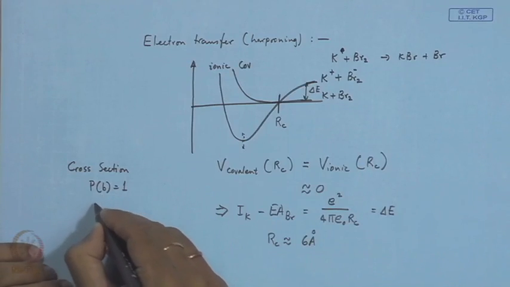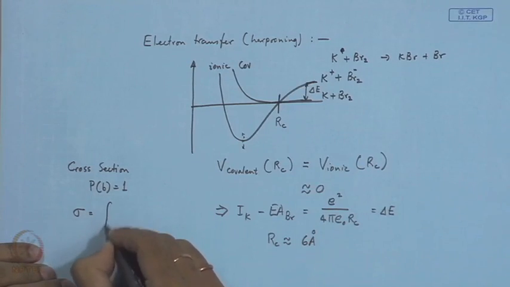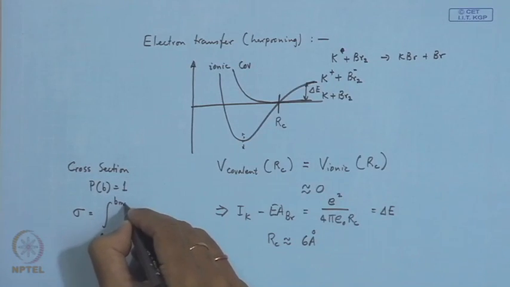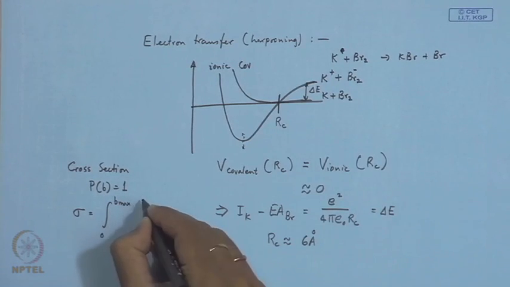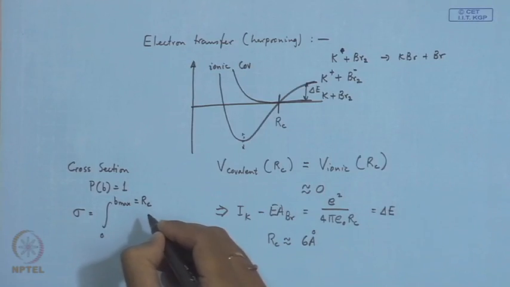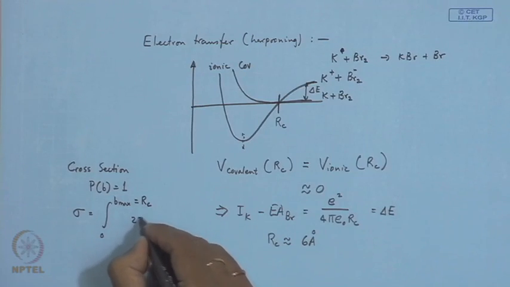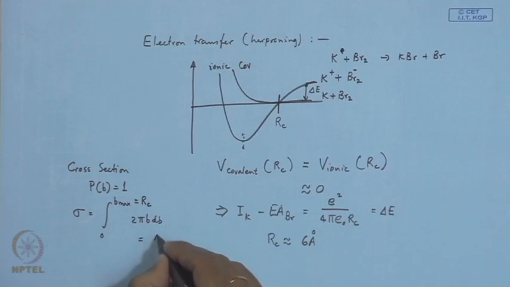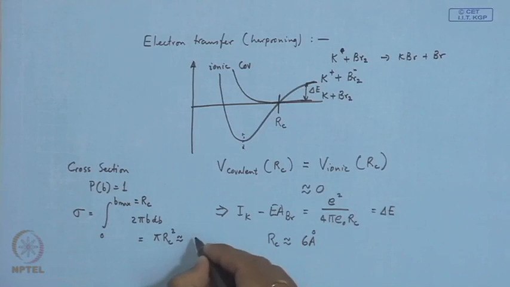So, your sigma is equal to the integration from 0 to B max, which is equal to RC, the impact parameter RC, of twice pi B dB, which is equal to pi RC square, of the order of 100 angstrom square.